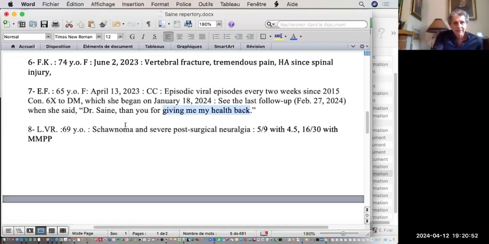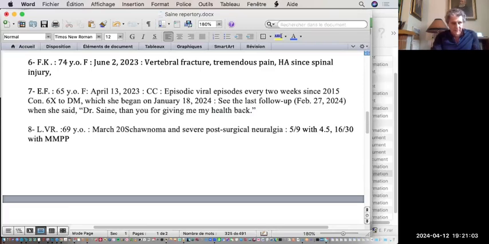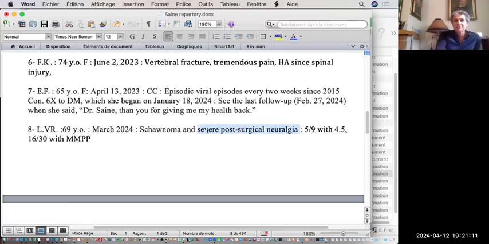Case number 8. It's a patient we saw just in January. No, not too long ago. In, let's say, March 20, or maybe February 2024, with a schwannoma, but it's very severe post-surgical neuralgia that incapacitates her life, makes her life miserable.